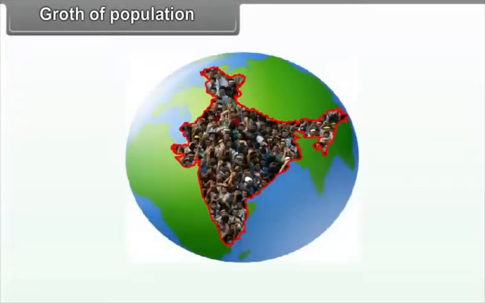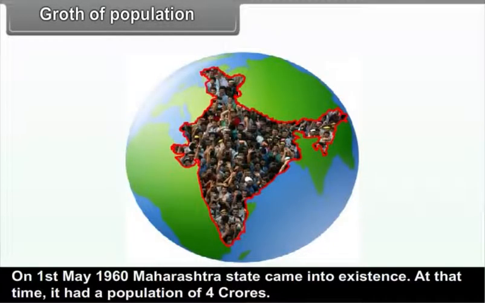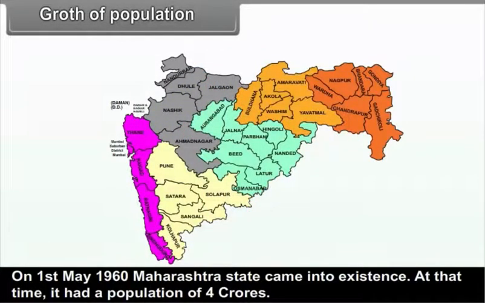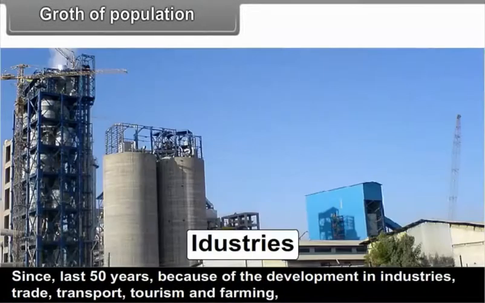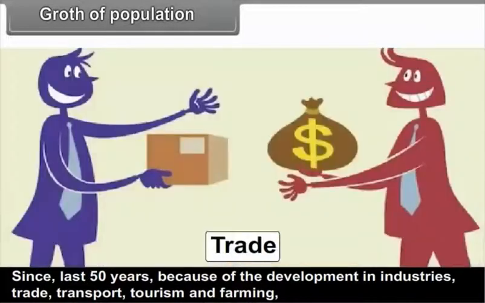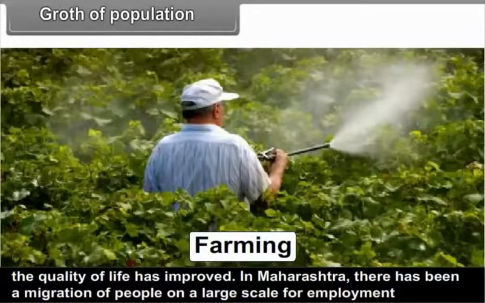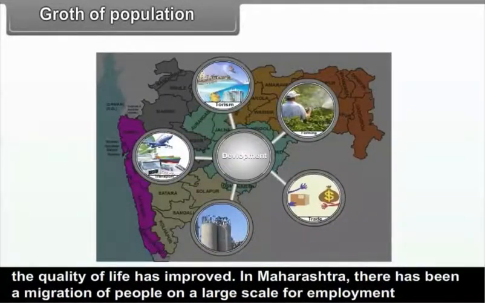7.1 Growth of population. On 1st May 1960, Maharashtra state came into existence. At that time, it had a population of 4 crores. Over the last 50 years, because of the development in industries, trade, transport, tourism and farming, the quality of life has improved.